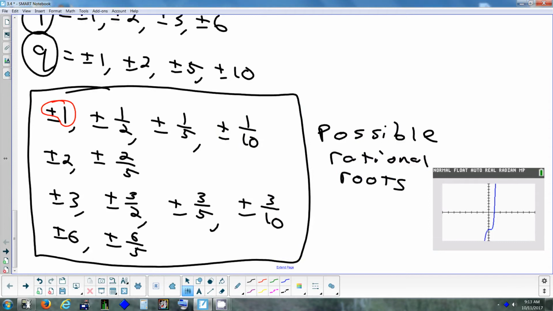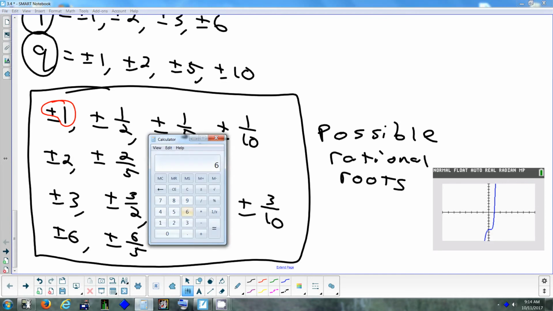I wouldn't say a half, a fifth, or a tenth. 2/5, no. 3, 1.5, not really. 3/5 is 0.6. It's not really that close to 0.6. 3/10, no. 6. 6/5. Could that be a candidate? I mean, if you take 6 and divide by 5, it's only just a little bit past 1.2.